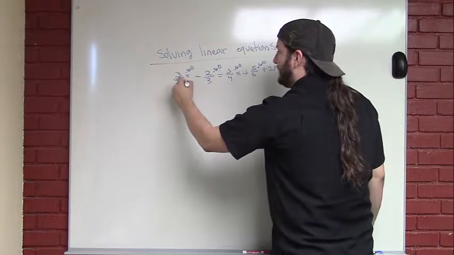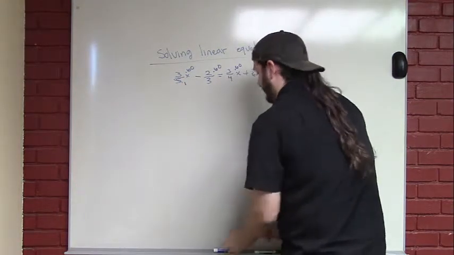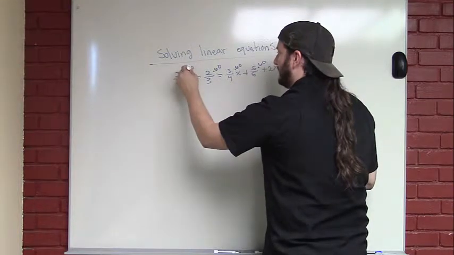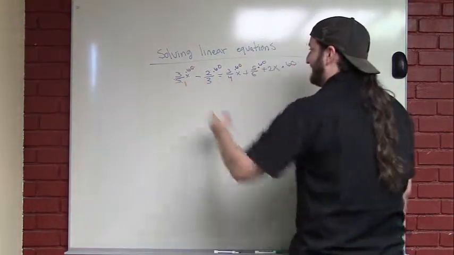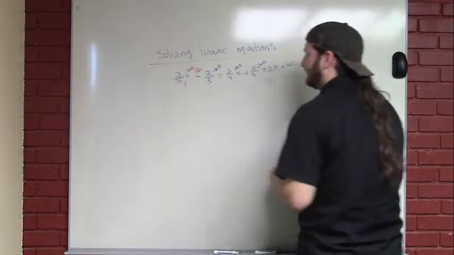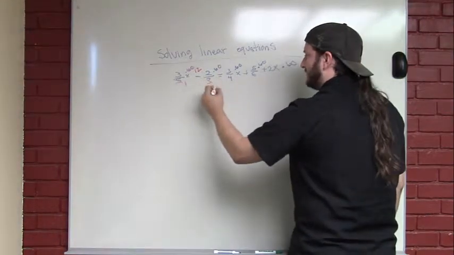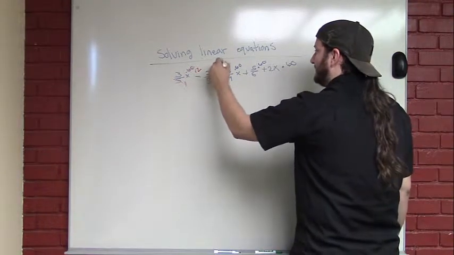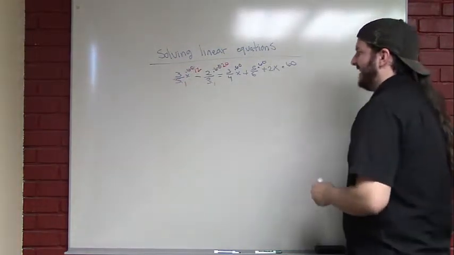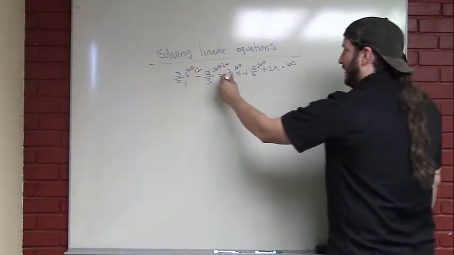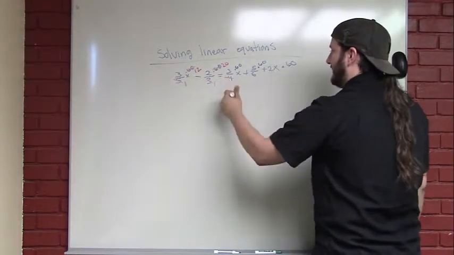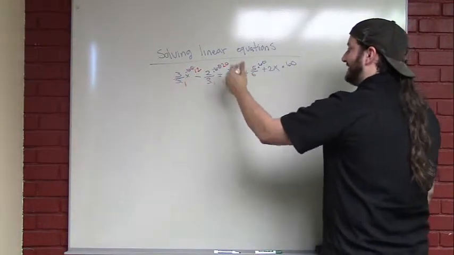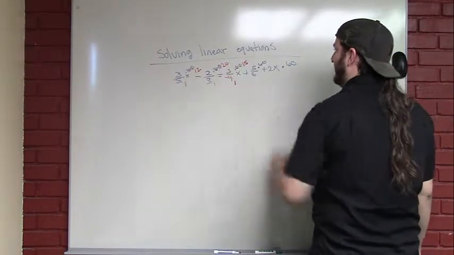So 5 goes into 5 once, and 5 goes into 60 12 times, okay? Reduces 3 with the 60. 3 goes into 3 once. 3 goes into 60 20 times. 4 goes into 4 1 time, and 4 goes into 60 15 times.